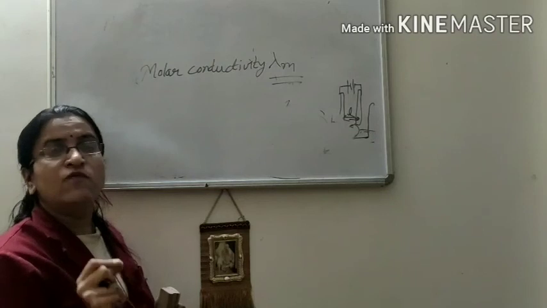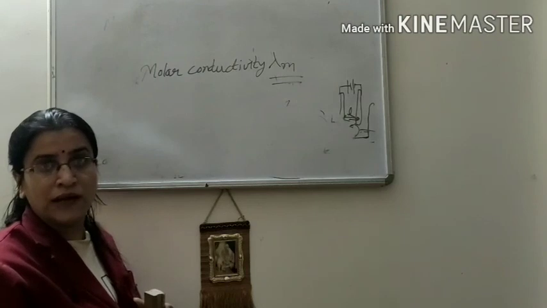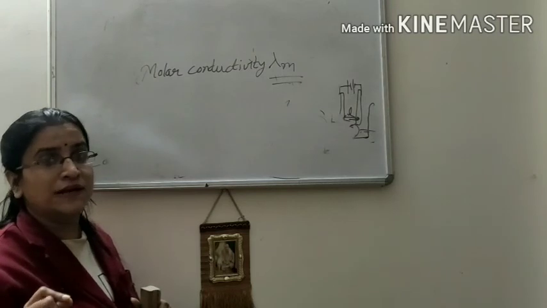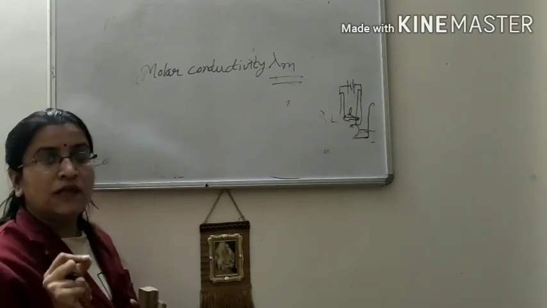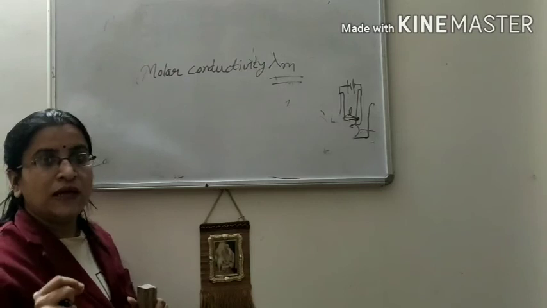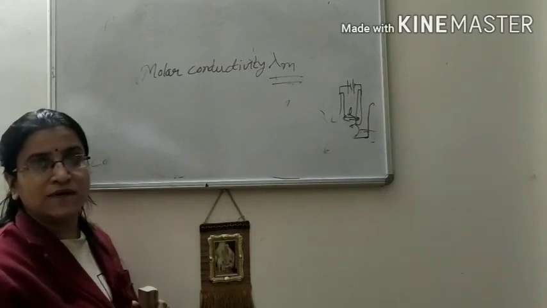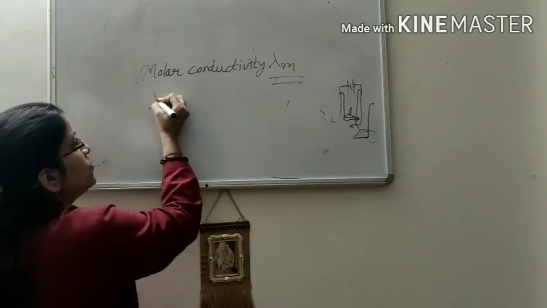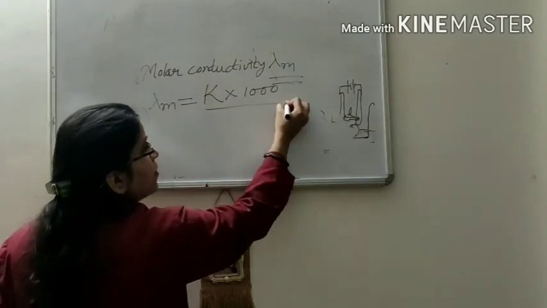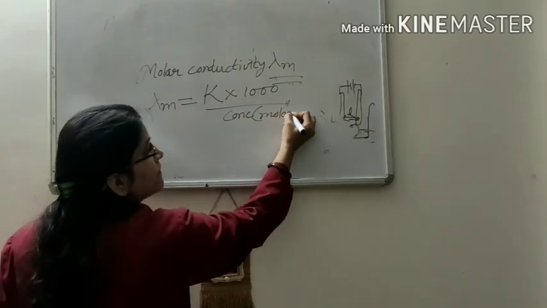The conductivity furnished by dissolving 1 mole of an electrolyte in a definite volume of solution is called molar conductivity. It is equal to kappa into 1000 upon concentration in terms of molarity.